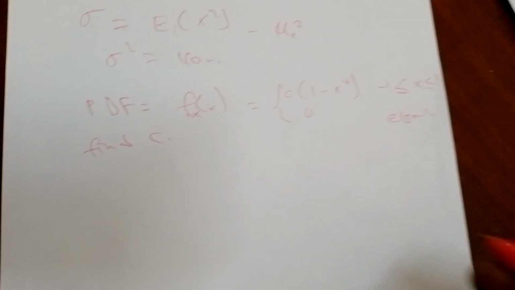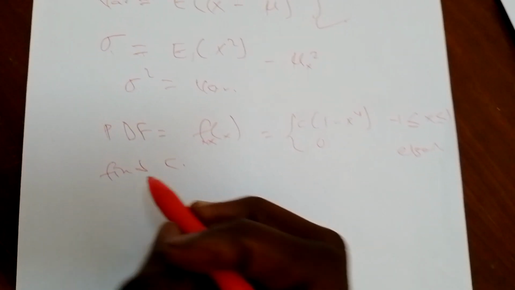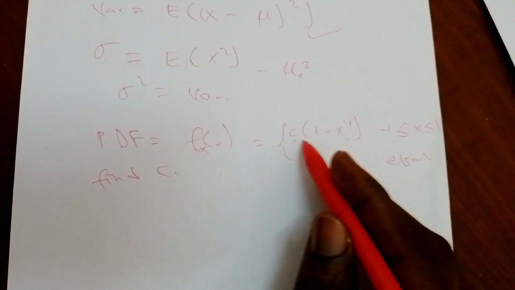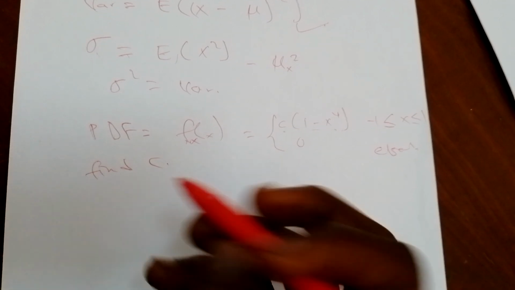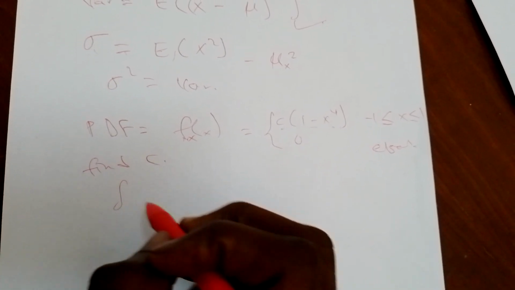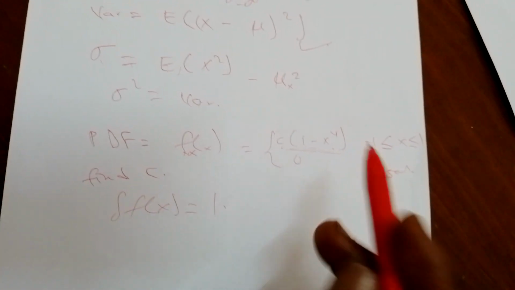Okay. So to find c, you have to integrate over this period, because you know that for probability distribution functions, everything here sums up to 1. So if we do that here, then we should get it.